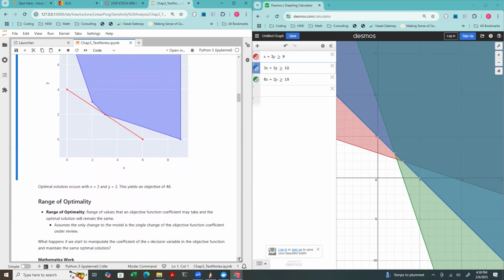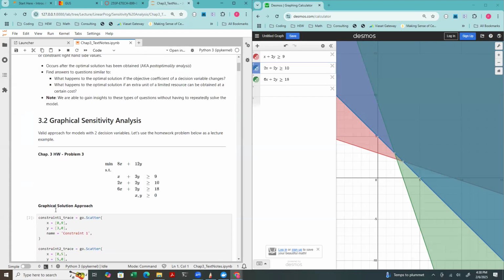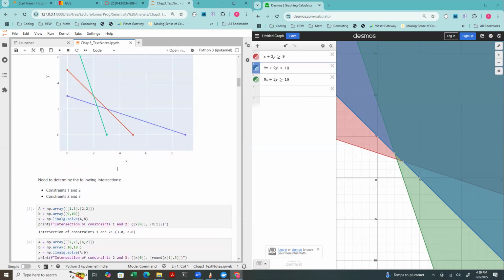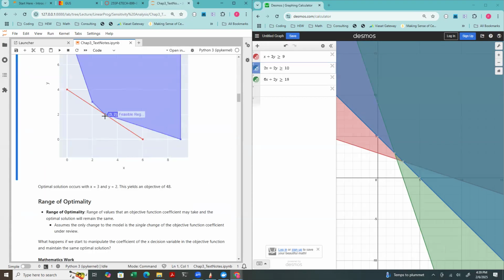This first one is going to be the range of optimality that you can see in the bottom corner here. The range of optimality is the idea that the objective function coefficients, these guys here, if I look at one of them at a time, so let's say we hold 12 constant and look at 8, how much can 8 float up and down and still have this point 3, 2 remain the optimal solution?